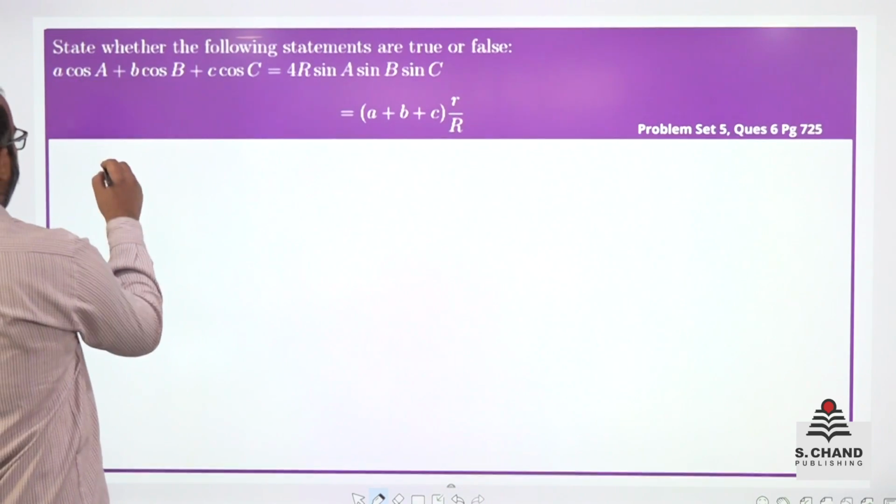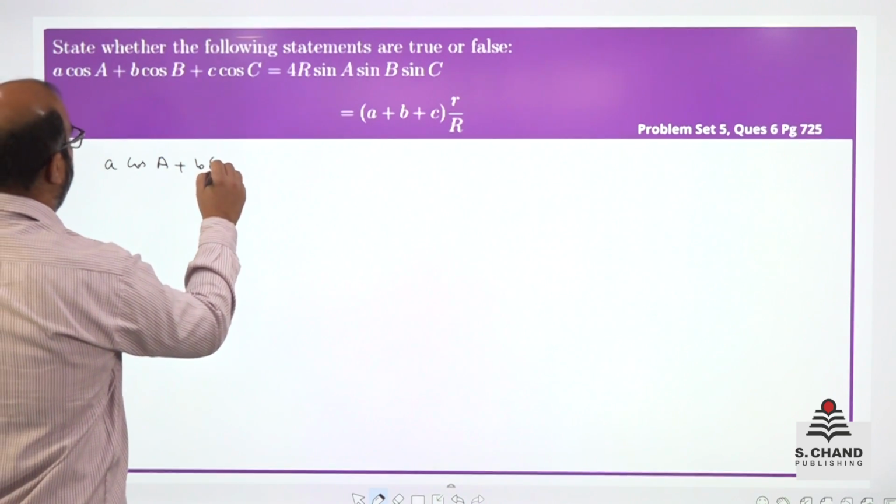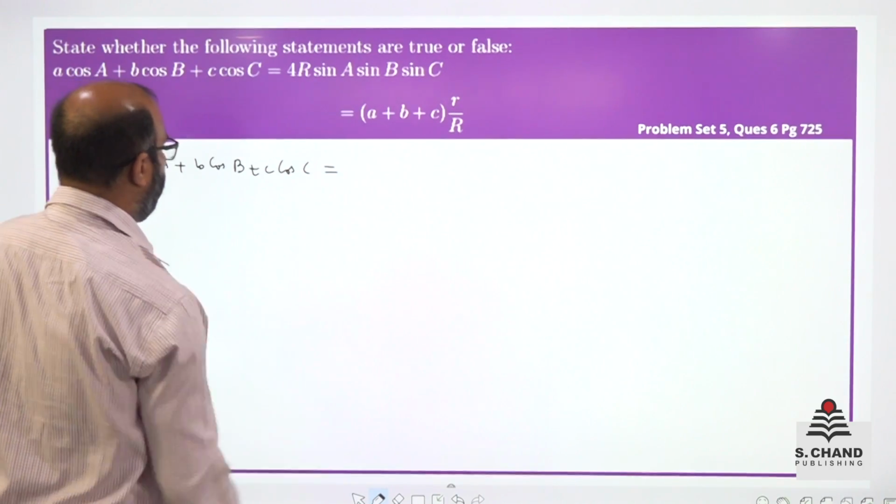So what we can do, a cos A plus b cos B plus c cos C, we start from here.